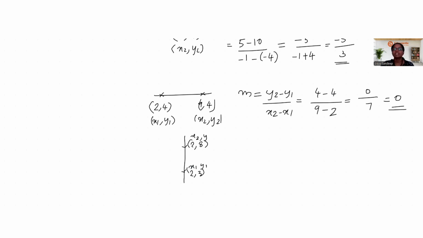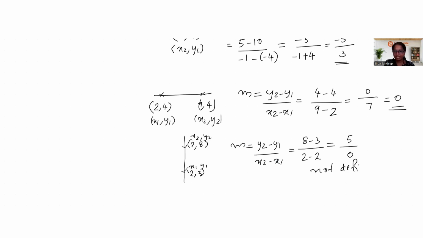So M is equal to y2 minus y1 over x2 minus x1. So this is equal to 8 minus 3 divided by 2 minus 2, which is equal to 8 minus 3 is 5 over 2 minus 2 is 0. When 0 comes in the denominator, this is not defined.